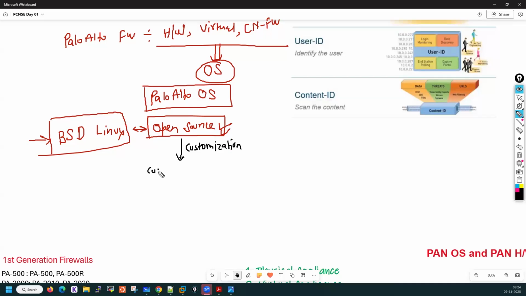Now they got a customized version of BSD Linux. On top of this customized BSD Linux, they have put the PAN application.